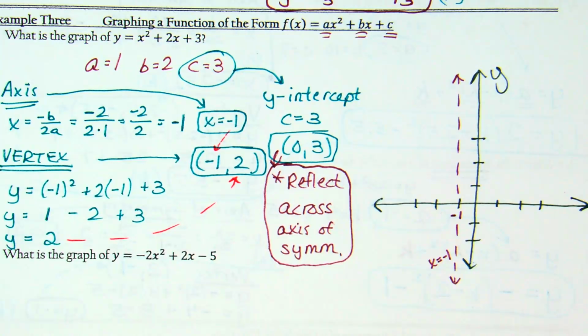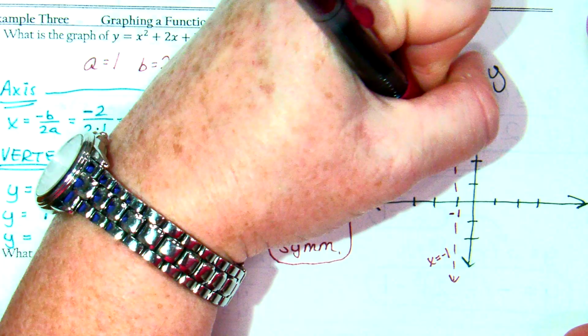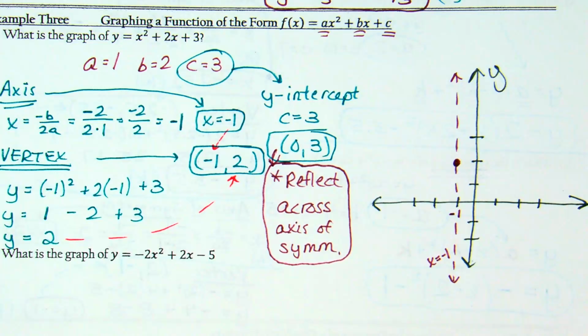What should be on your axis of symmetry? Your vertex. That's the whole idea here. What's my vertex? Negative 1, 2. So technically from the origin, we go left 1, up 2. Or in other words, on your axis of symmetry, which is negative 1, you're going to go up 2.